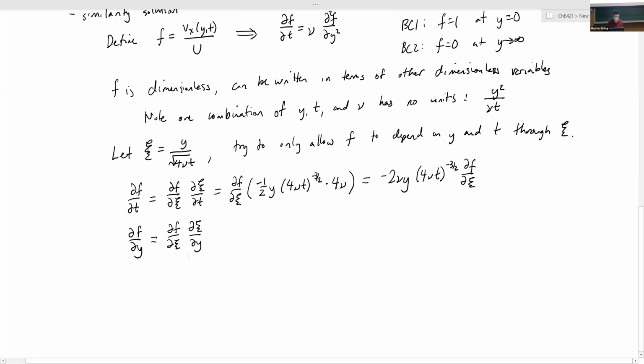It's just a matter of taking the derivative of this with respect to y. That's relatively easy. It's just a factor of 4 nu t on the bottom. So this gives me 4 nu t to the 1/2 power to the -1/2 power times df dxi.